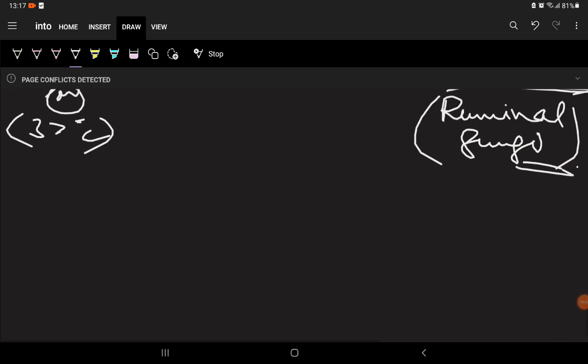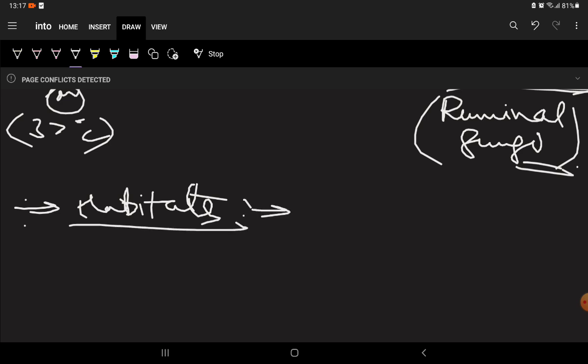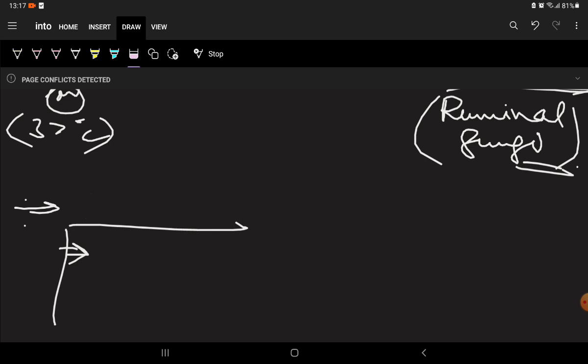Okay, next is habitats. So now we will talk about the habits of fungi. There are three forms of habits.